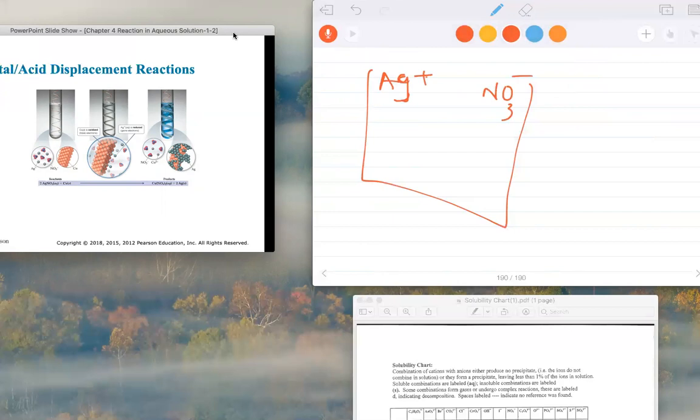And then when it reacts with copper 2 now, to replace that, there was nothing with copper. So I'm going to write my product as copper 2 nitrate, and then you balance the equation.